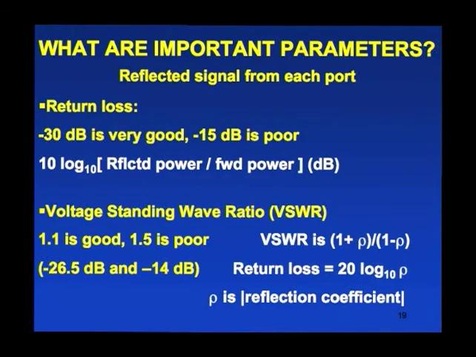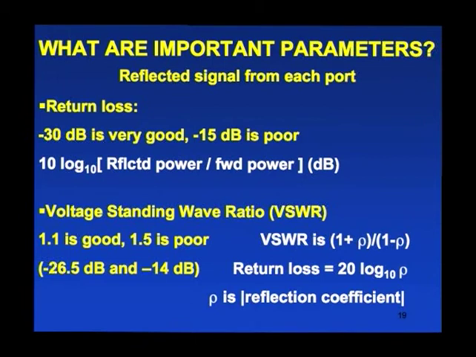So we're talking about the reflected signals from each port. If you put a signal in, how much of it actually comes back to you? If it does come back, it's a loss of energy. Minus 30 dB, that represents a very small number, is 1,000th of the input signal.